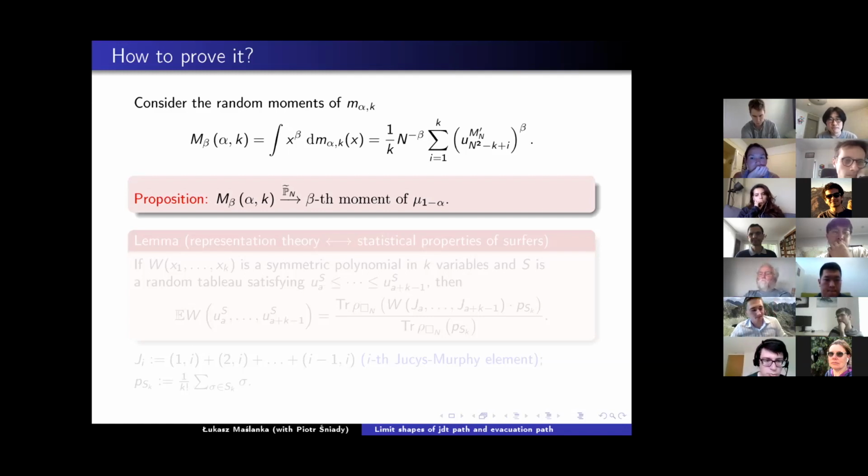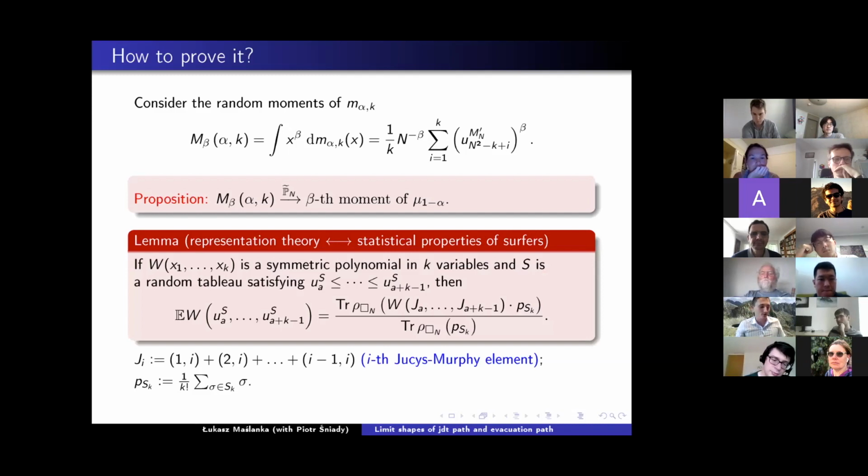For this, we show that the expected value of these random moments converges to the proper moments of the limit distribution, and the variance of these random moments converges to 0. So we have a convergence in L2.